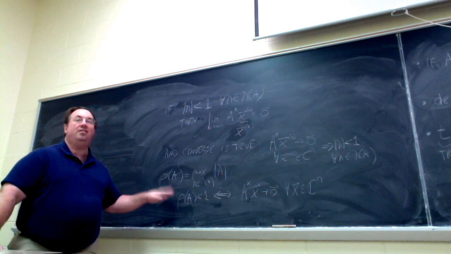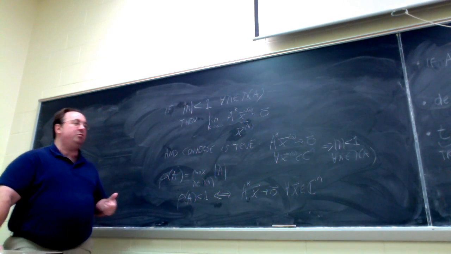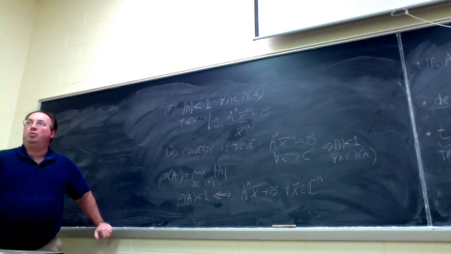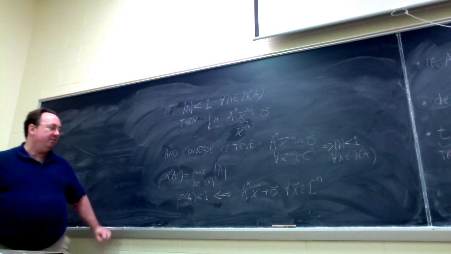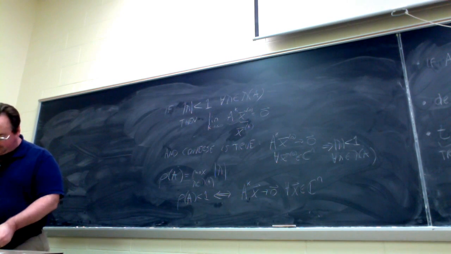So this is our necessary and sufficient condition that I was wanting earlier. You get a situation where a matrix may have a norm, or any norm, greater than or equal to 1, but the spectral radius could be less than 1. And that will be enough to drive the sequence of vectors to 0.